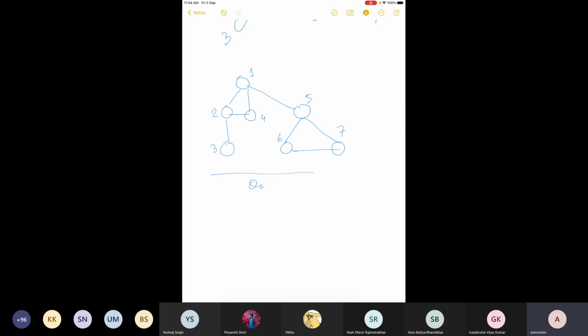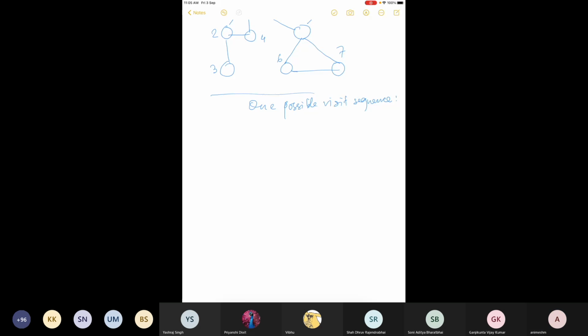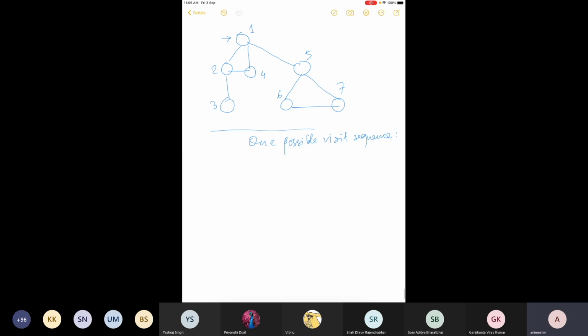So let us redraw the example. One possible visit sequence could be as follows. Let's say that we start from the node 1. We start our visiting from the node 1.